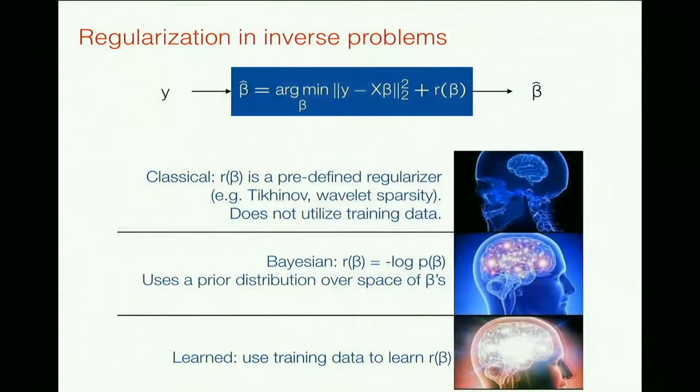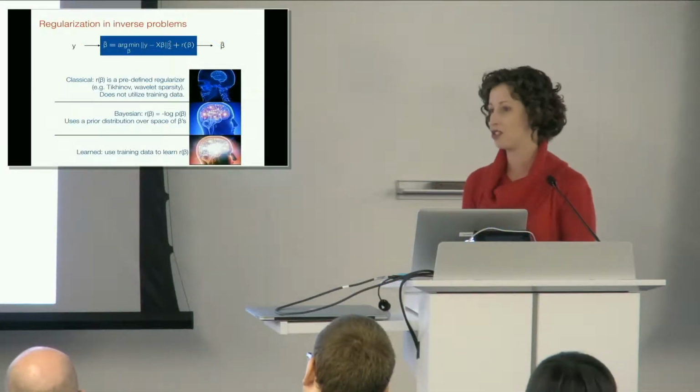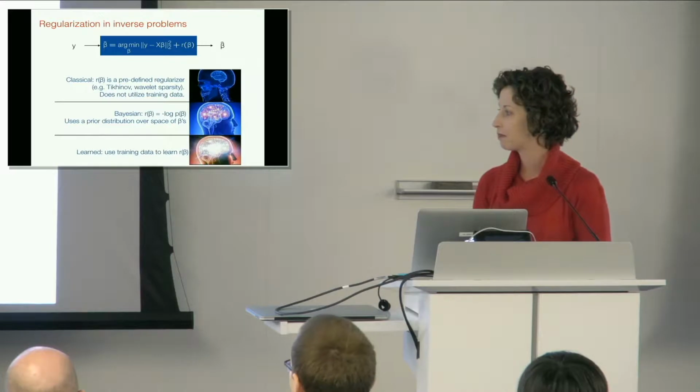Classically, what we would do is we would predefine this regularization function R, say that images that we care about are smooth, for instance. Bayesian statisticians would take a stab at this and say, well, let's define a probability distribution over all possible images so that nice, good-looking images have a high probability and images that look like snow on the old style television screens have low probability.